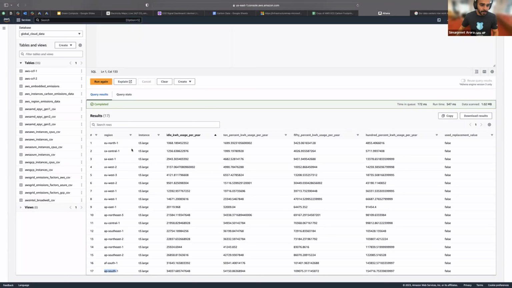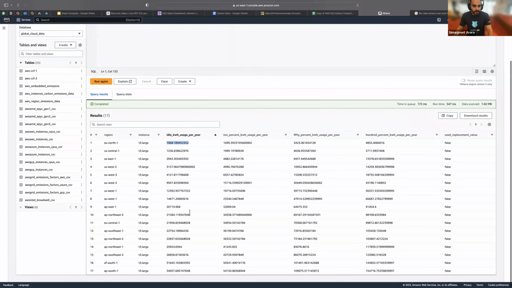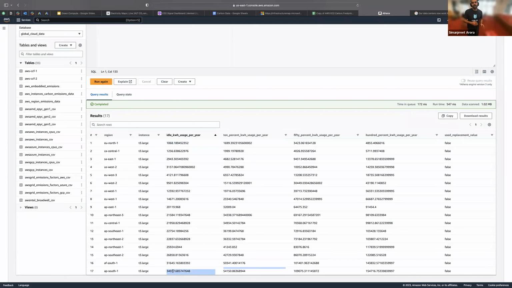And what is the idle kilowatt hour usage at different regions? In EU North, it can be 1,000 kilowatt hours, whereas in AP South 1, it can be 34,000. So there can be a 34x difference depending on whether the instance is launched in the right region.